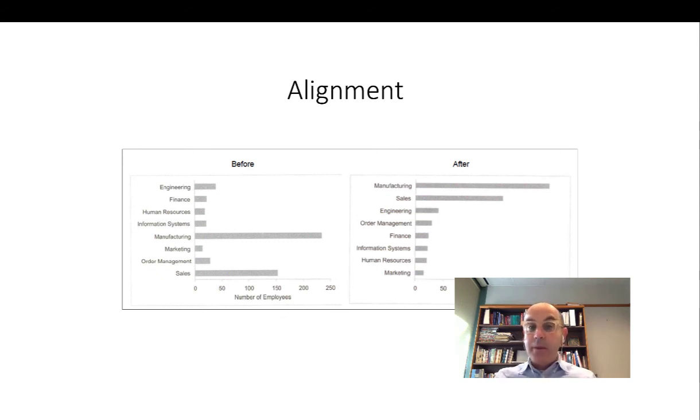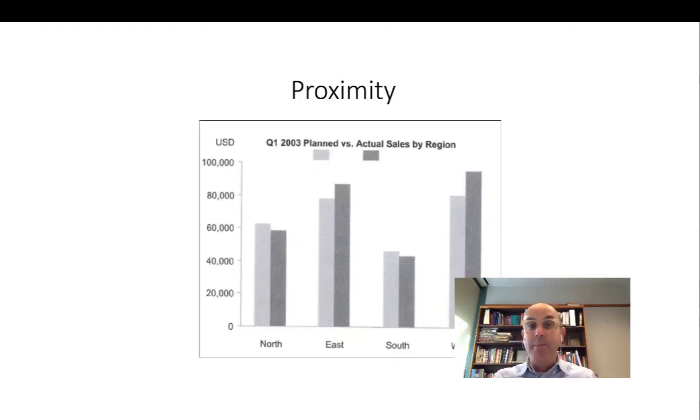Alignment, again, before and after, according to Tufte: if you sort the data from the highest to the lowest, it will help the reader better understand what you are trying to achieve or display. And this is, again, based on PowerPoint presentations that we can learn from. Proximity is another way for us to display it, and it's important to do that.